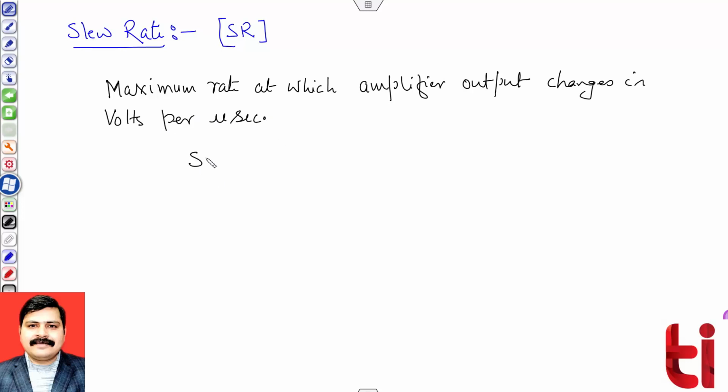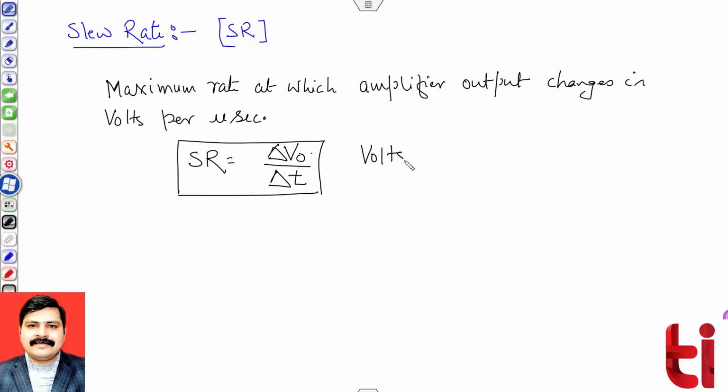That means I can say that slew rate is the change in output voltage V naught per change in time. SR will be equal to delta V naught divided by delta T. So its unit is volts, and we are interested to see these changes per microsecond.